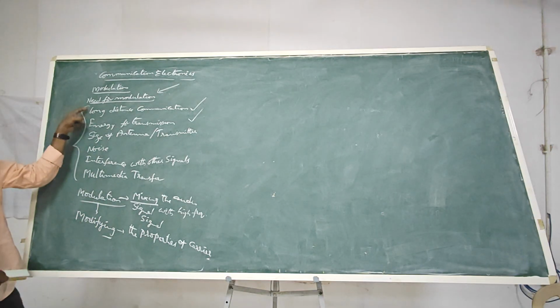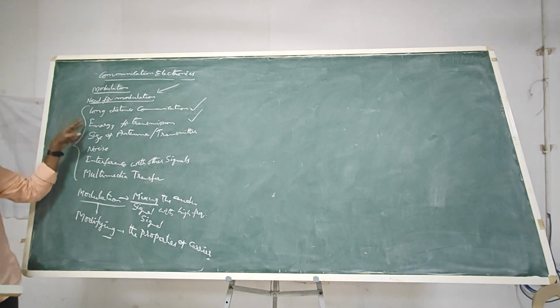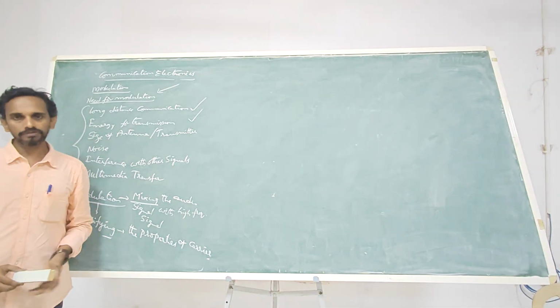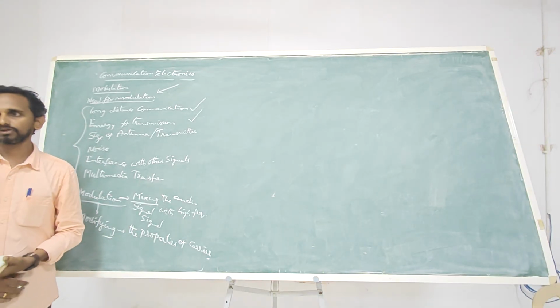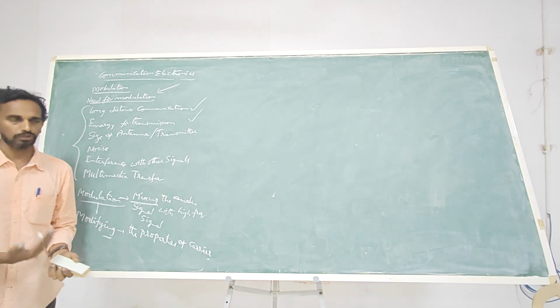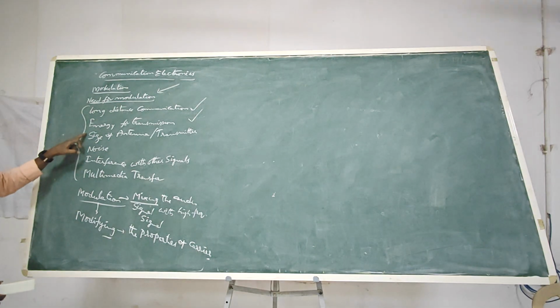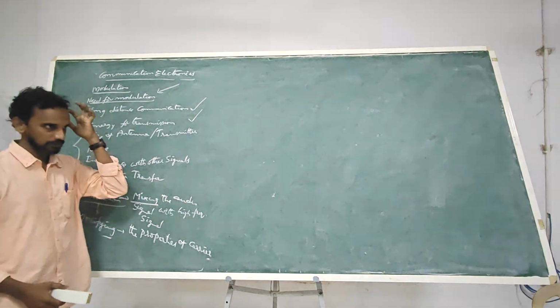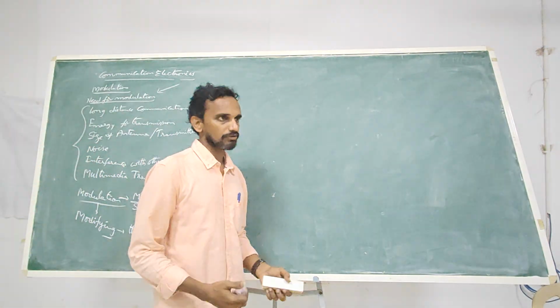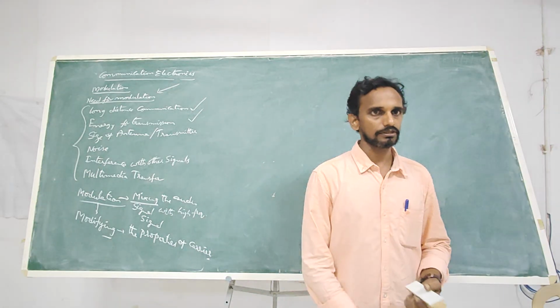So what are the things? One, long distance communication is possible. Energy for transmission is very low compared to audio signals and normal communication media. And the size of the antenna or transmitter can be very small. Even our cell phones are able to capture the signals.